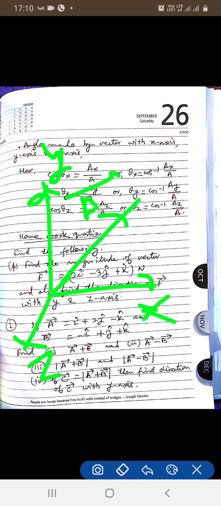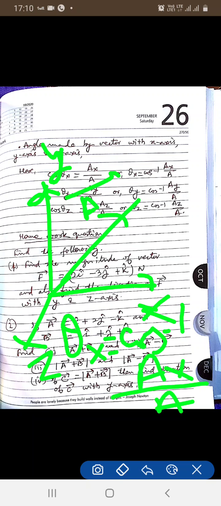So, sometimes it is asked, find the angle made by vector A with the x direction, y direction and z direction. So, here theta x is equal to cos inverse, formula, ax upon a, where a is the magnitude of vector A.